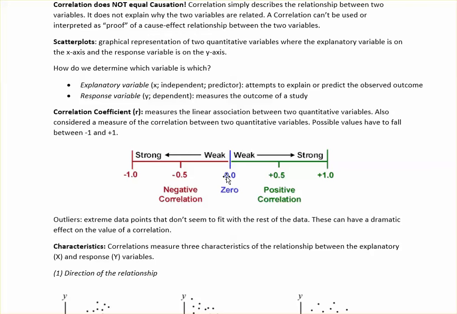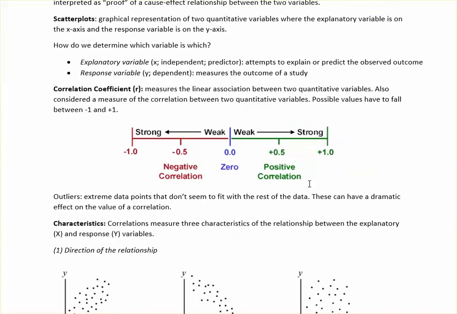Weak is close to 0, strong is close to either +1 or -1. These values are considered the R value. So this would be an R value of +1, an R value of -1, an R value of -0.5. Those would be R values, or correlation coefficient values.